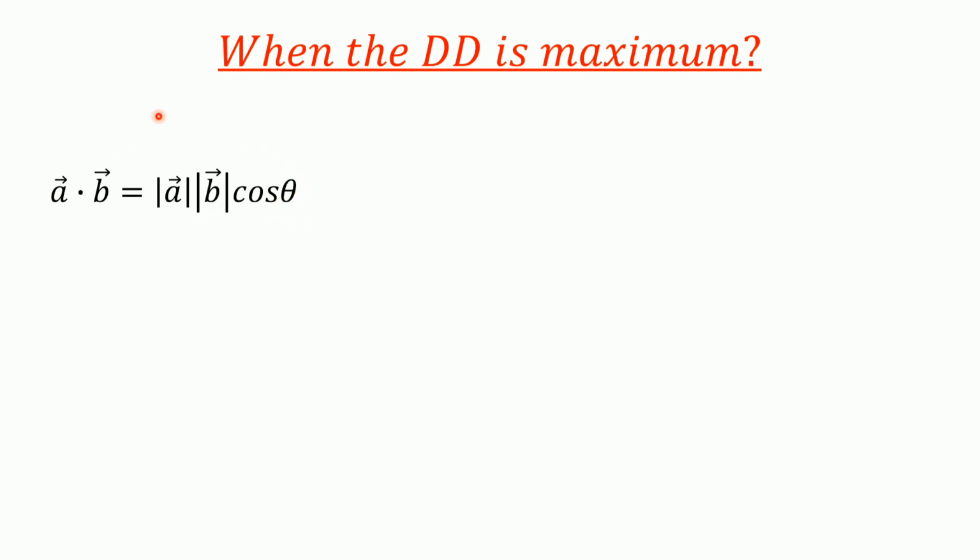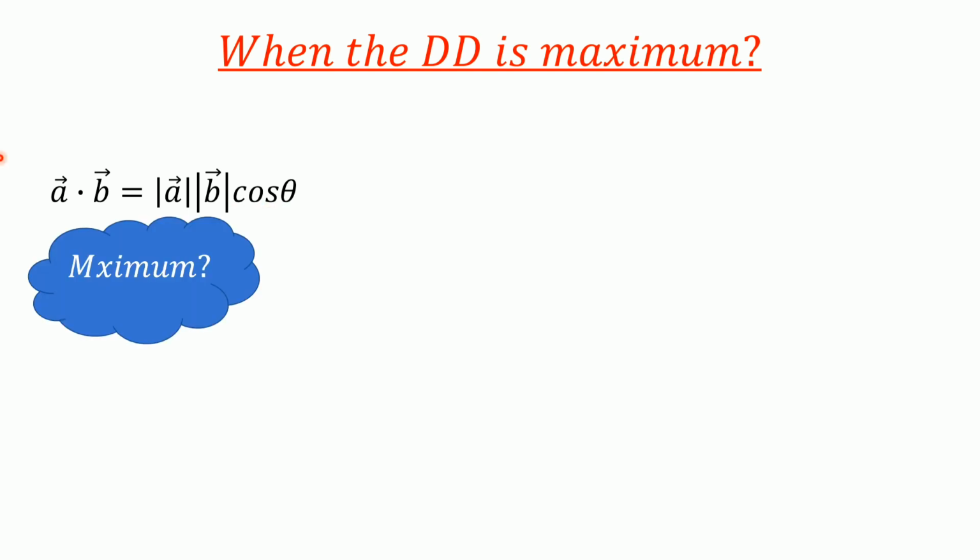So a dot b will be maximum when cos theta is maximum. The maximum value of cos theta is 1, and when theta is 0, we get that maximum value. That means a dot b is maximum when a and b are parallel. So when you take the dot product of two parallel vectors, that dot product will be maximum.